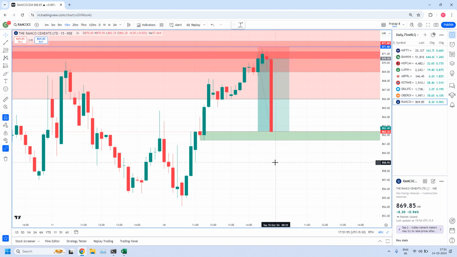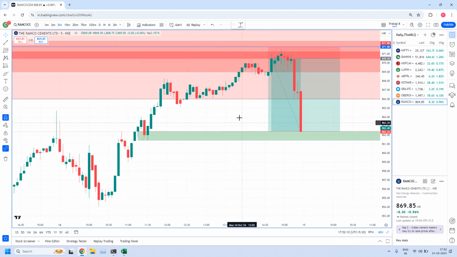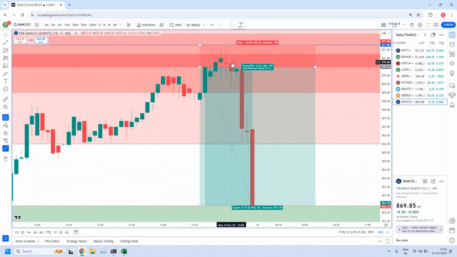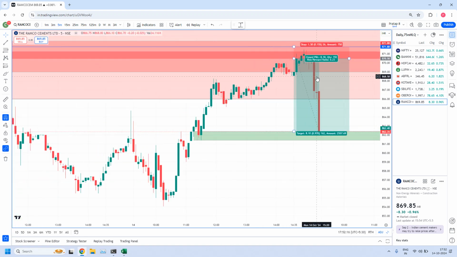Rally, 2 base candles and drop, within the same 15 minute area. Again another 15 minute zone is created. Now the moment you go to 5 minutes, you see again a lagging base, drop. A new 5 minute zone is created.